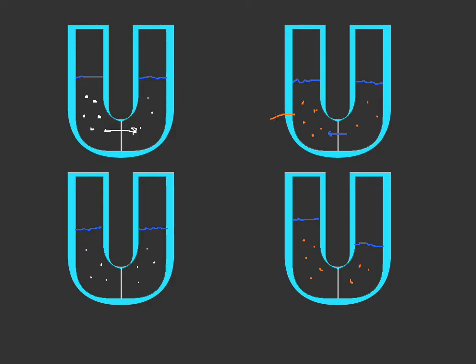Now, another interesting thing to notice here is that there's sort of a pressure, an osmotic pressure that's established in this situation, where water wants to move left and eventually push up on the left side. So if you can imagine us putting a rubber stopper over the top of this left side of the tube and pushing down, we could essentially stop the osmotic pressure and keep the concentrations where they are.